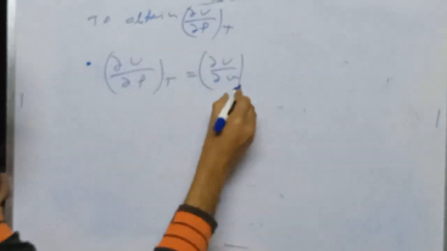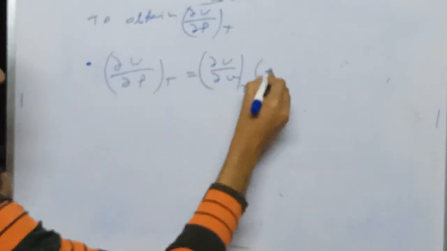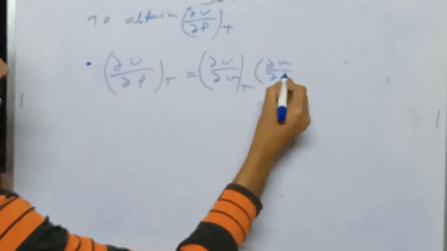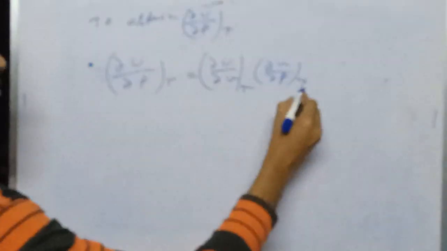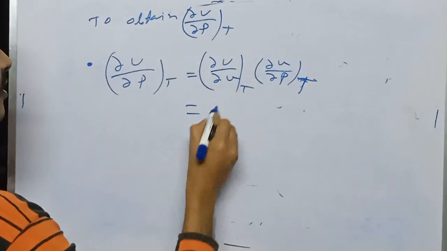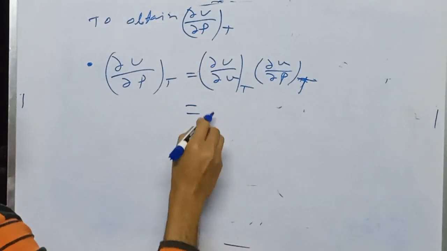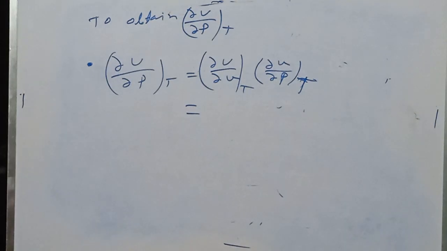Must use this ∂U/∂V format, because this is only obtained from Joule's experiment. And then put the value of ∂U/∂V for the given gas equation and you get ∂U/∂P.